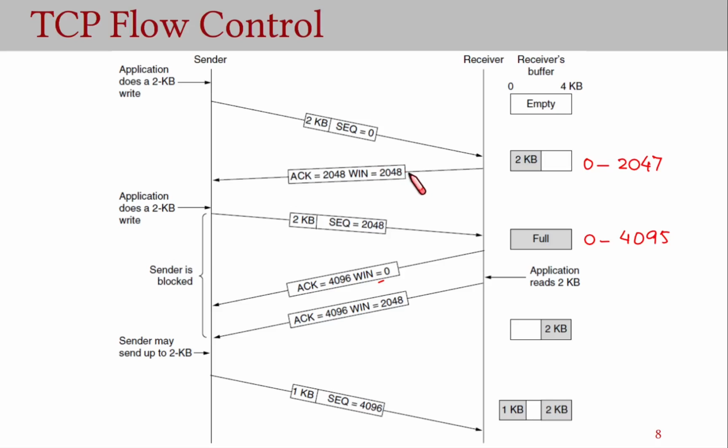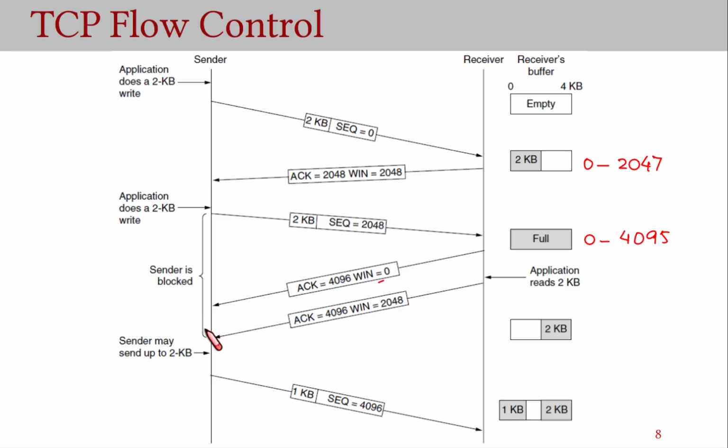So at this time, the receiver had advertised a window size of 2 kilobytes, 2048, right? Once the sender sends 2 kilobytes of data, it cannot send any more data until all of this data is acknowledged. At this time, all of the data is acknowledged, but the receiver says the advertised window is now 0, and therefore the sender cannot send any data in this space.